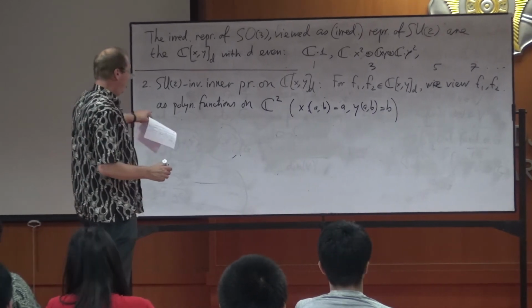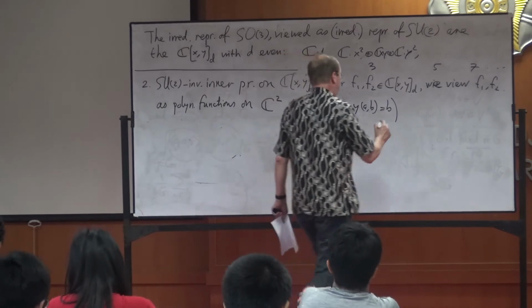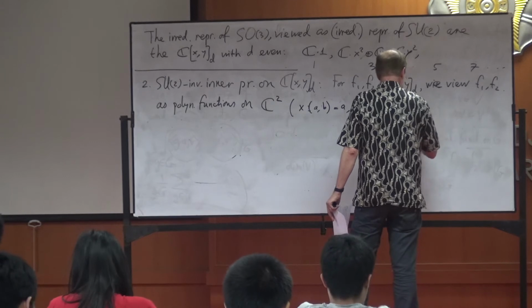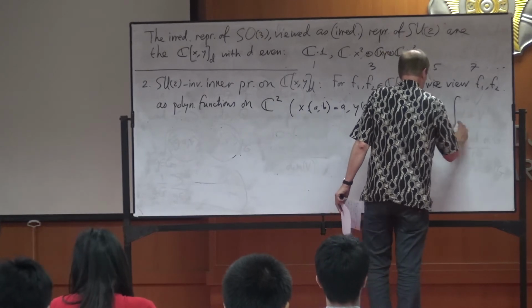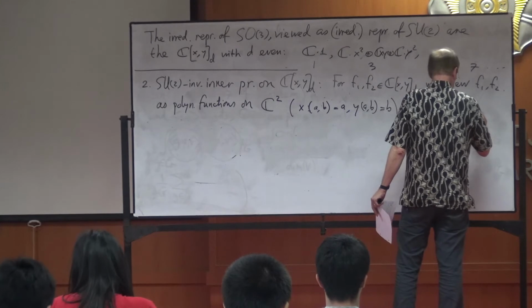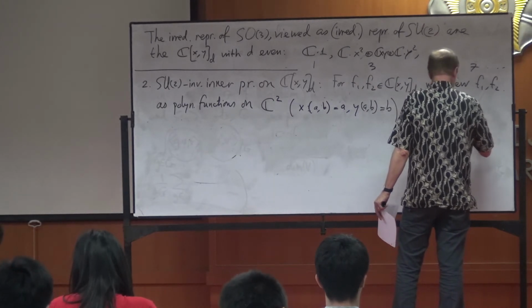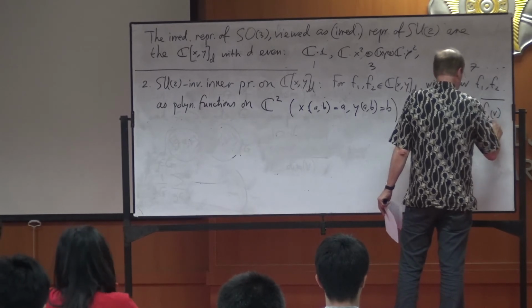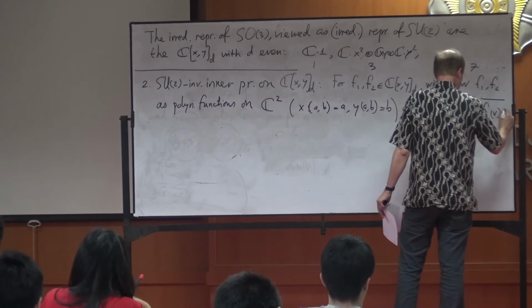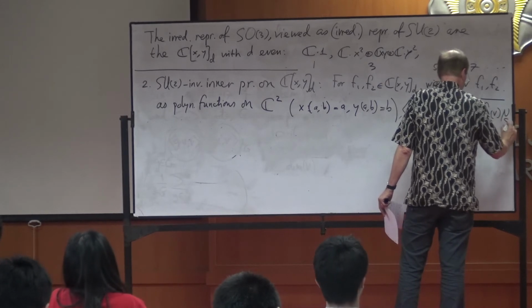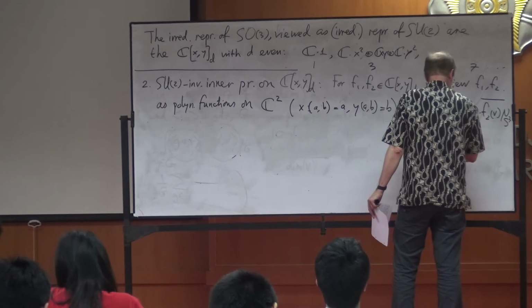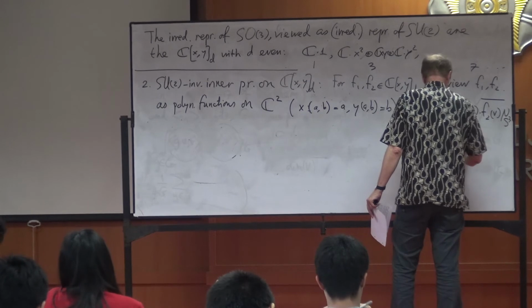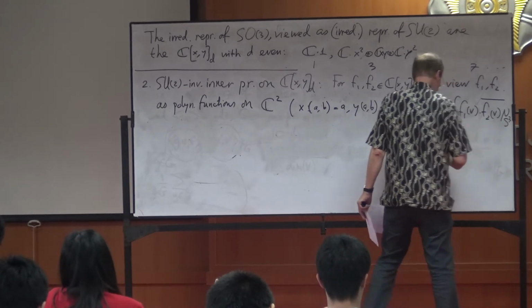Okay, so polynomial functions on C2, and then we can define F1 inner product F2 will be the integral of F1, say, of V times F2 of V bar, and here I do mu on S3, here over the set of V in C2, such that the norm of V is equal to 1, right?